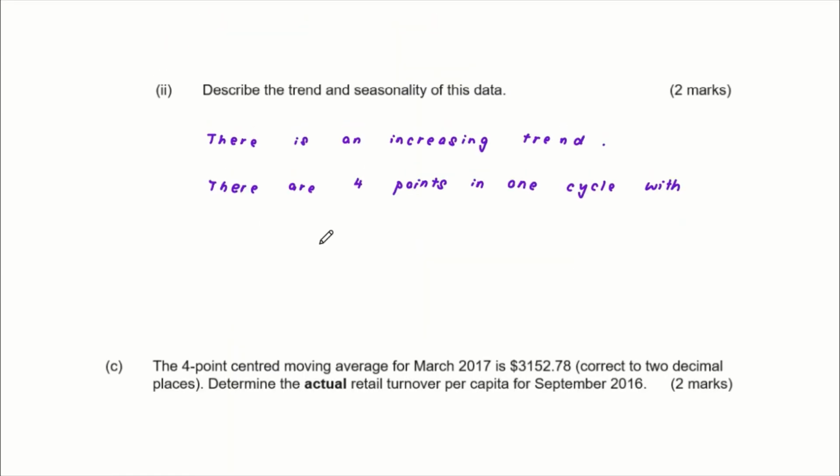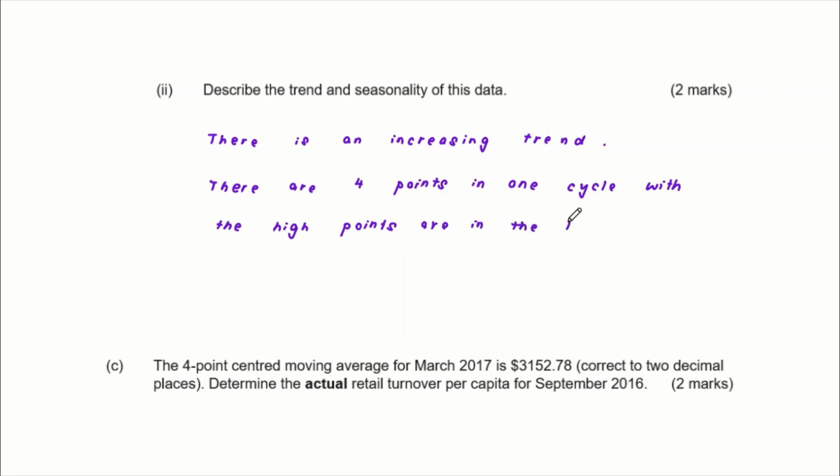So there are 4 points in one cycle with the high points in the December quarter, and low points in the March quarter. Alright, that's the idea because the question wants you to describe.